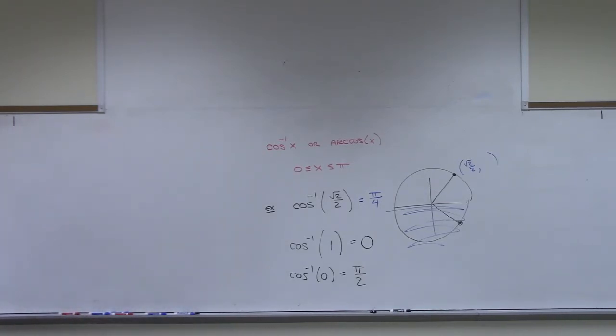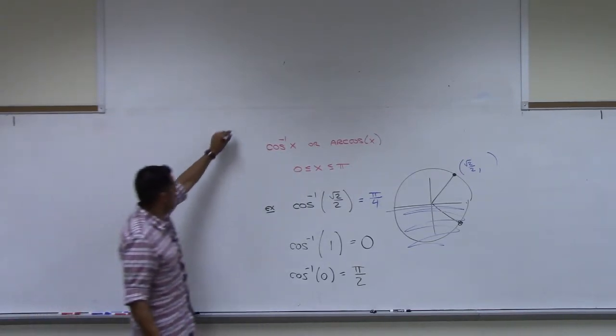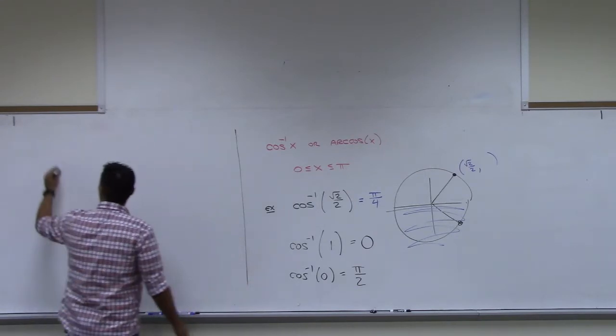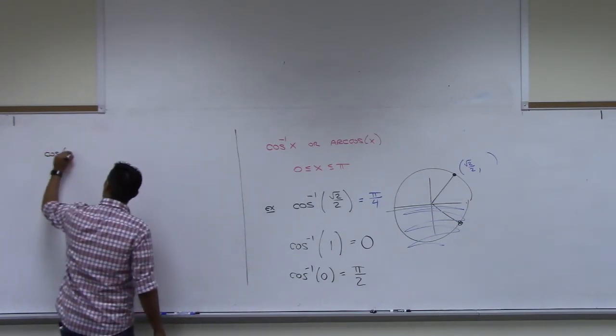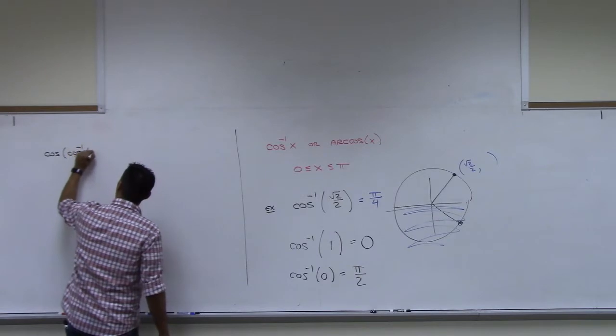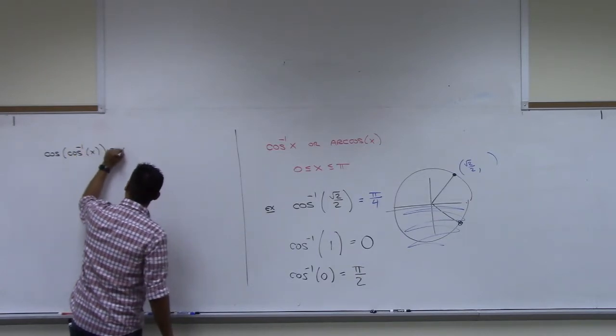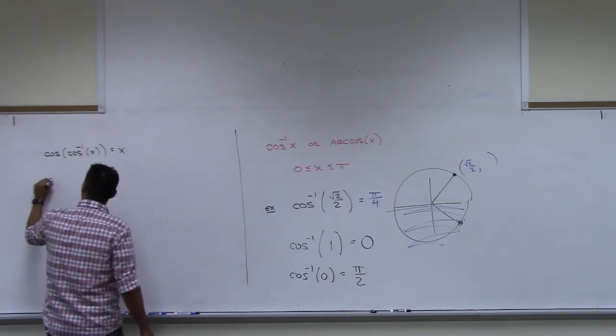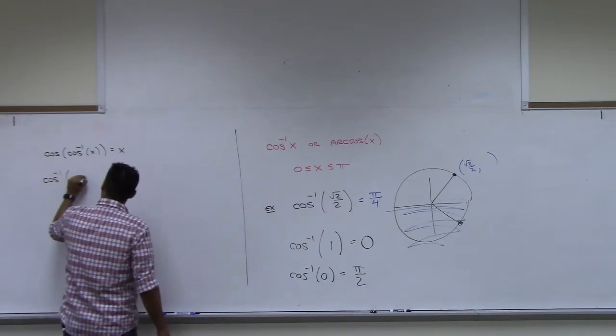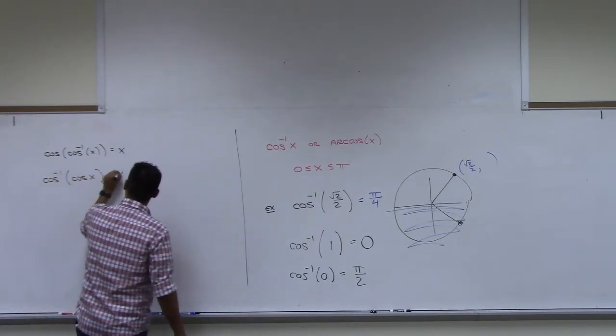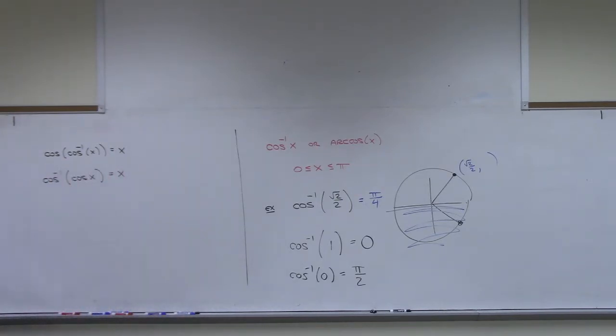Now there's a cancellation property for the arc cosine also. So let me show you that property. We have that cosine of cosine inverse of x should be x. And we have that arc cosine of cosine of x should also be x. What do you think the restrictions are here for these to be true?